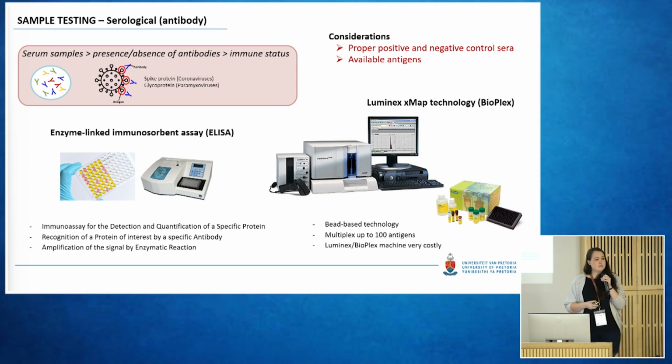You get different approaches that you can use for serological analysis, which is your ELISA, or enzyme-linked immunosorbent assay. This allows for the detection of a specific protein or antibody against a specific protein. And amplification is usually by a signal from an enzymatic reaction.